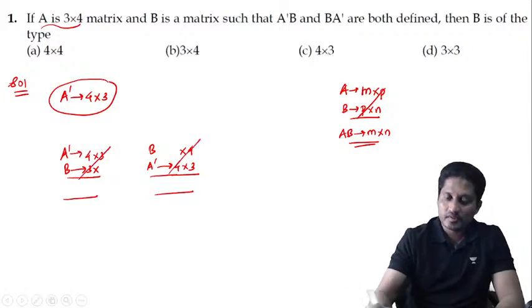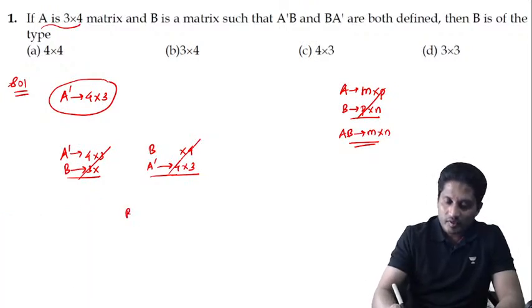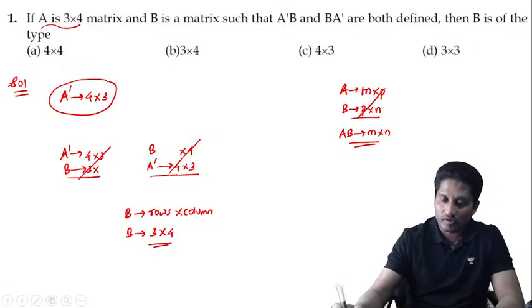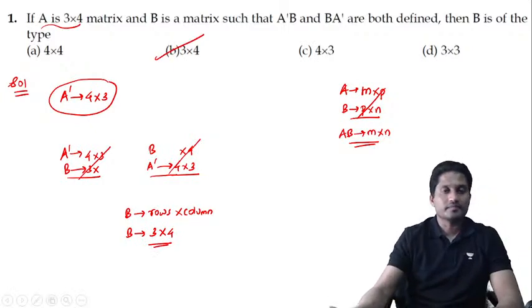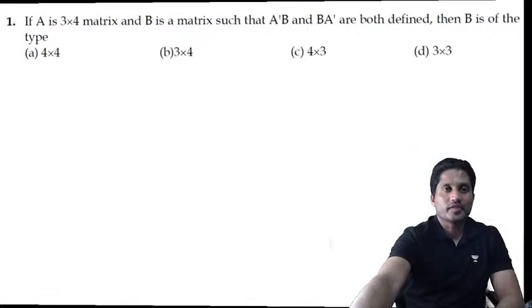Here also the same. So the number of rows of B, this is rows by column, rows are 3, columns are 4. So B is a matrix of order 3 by 4. Answer is option B. Let's move to the next question.